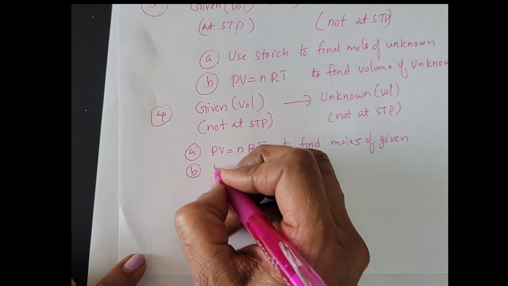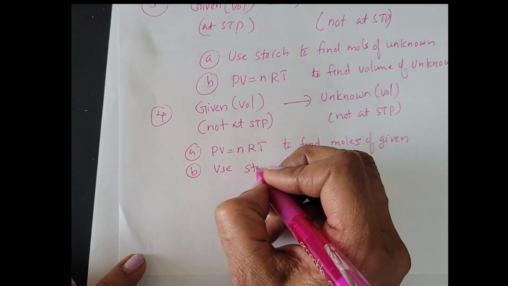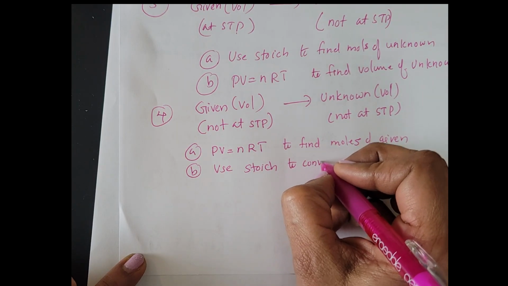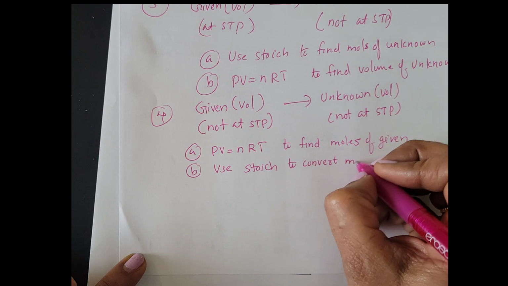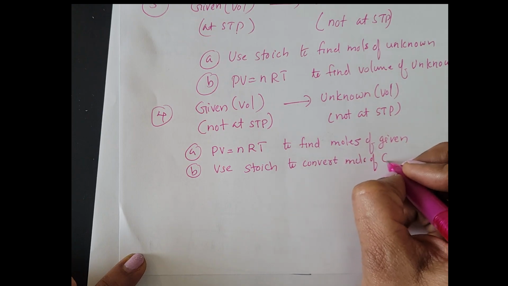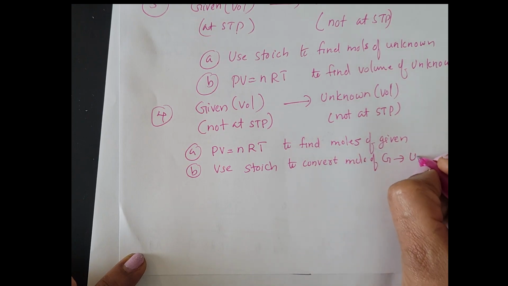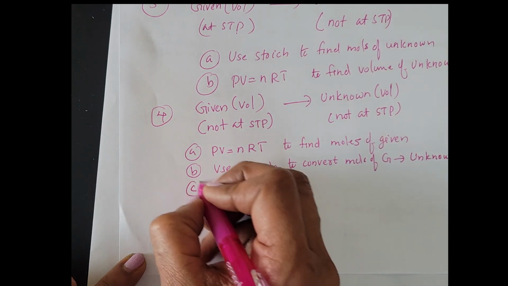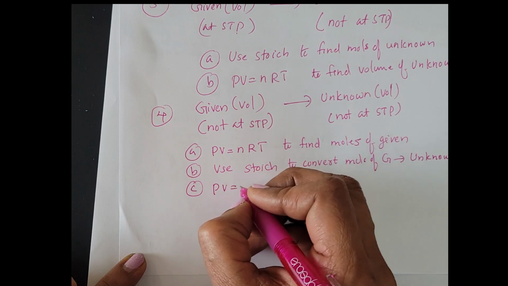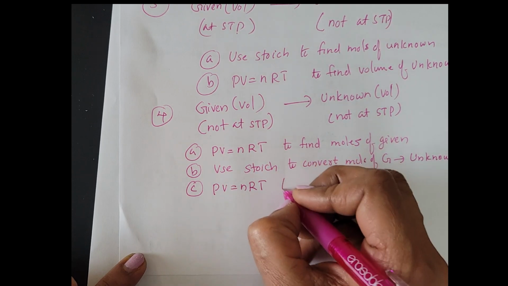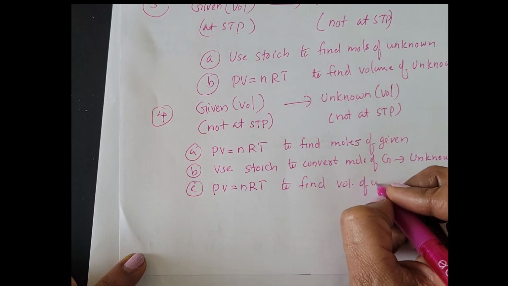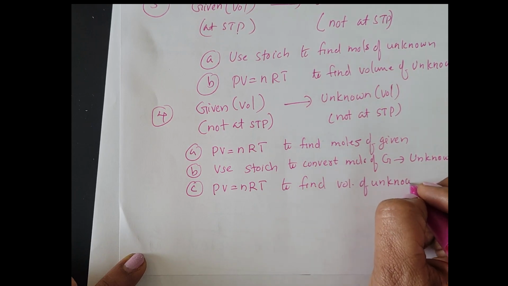Second step, use Stoich to convert moles of given to unknown. Third step, use the ideal gas equation again to find volume of unknown. That's it.